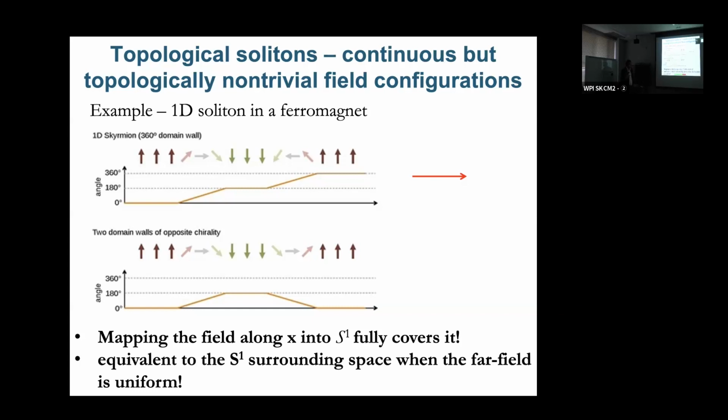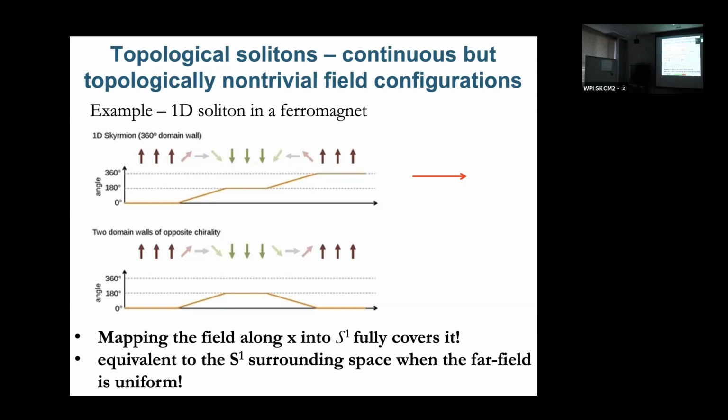So imagine you have R1 space, one-dimensional space, and then you have unit vectors which are confined to a two-dimensional plane, which is corresponding to this plane that we use in here. So imagine that these unit vectors are rotating by 360 degrees as you go from one side to the other.